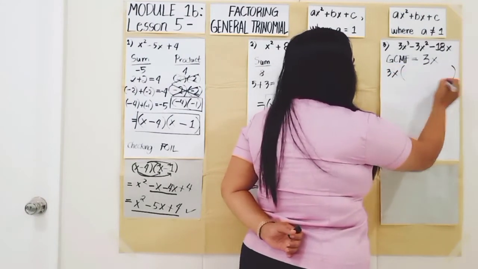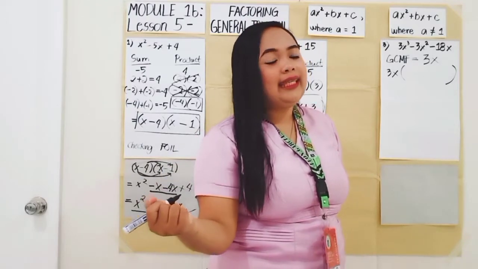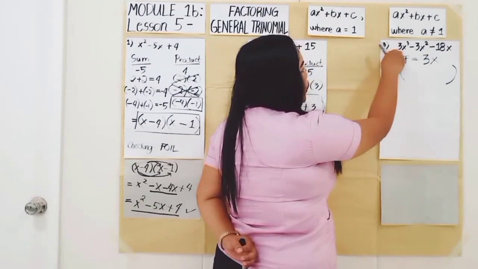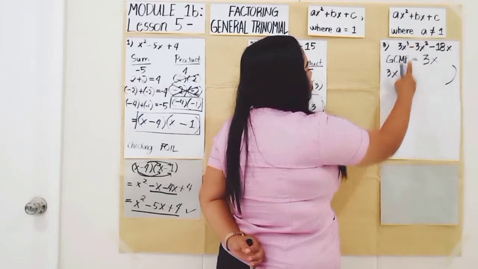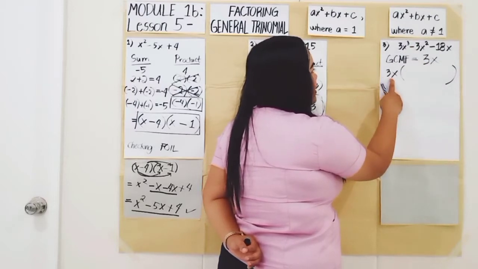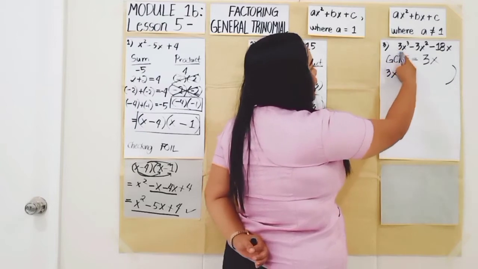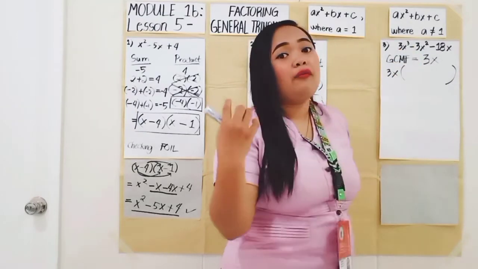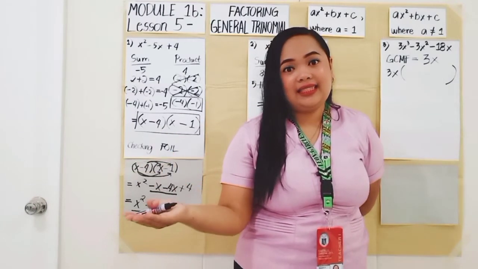And then, hahanapin natin yung naiwan na factors in the trinomial by dividing each term by the GCMF. So, 3x cubed divide 3x, that is cancel, and then x cubed divide x. So, we will follow the law of exponents.